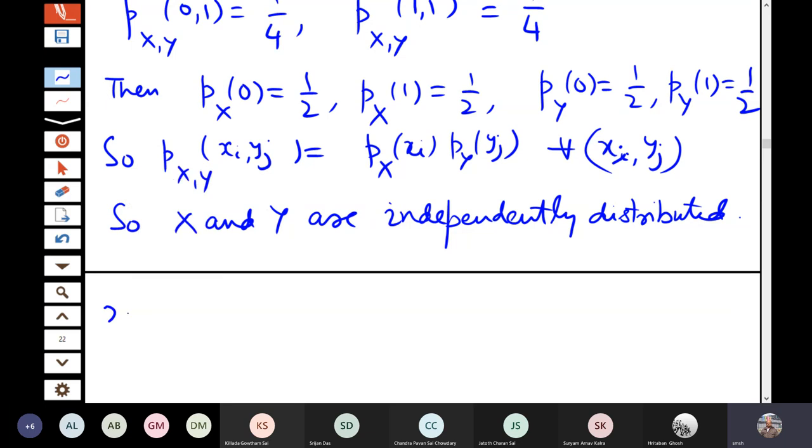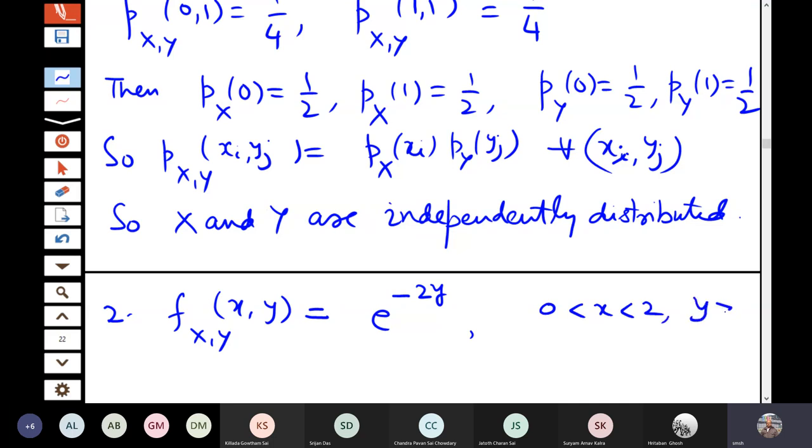Let us take another example of the continuous case. Suppose the joint density is something times e to the power minus 2y, with 0 less than x less than 2 and y greater than 0.